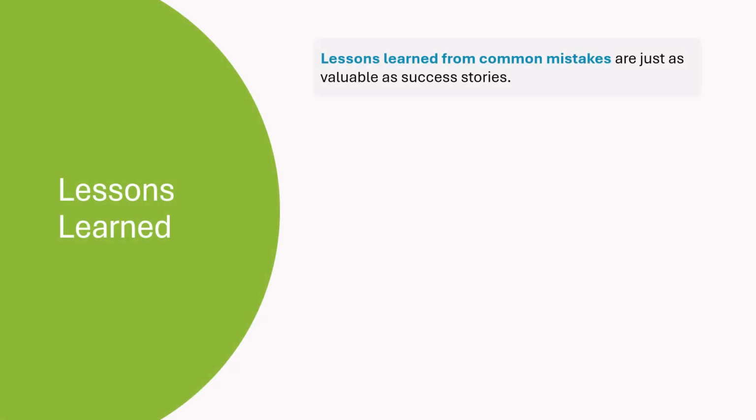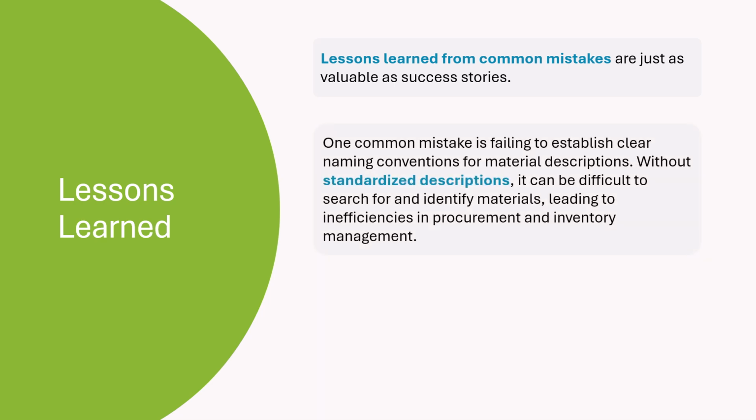Lessons learned from common mistakes are just as valuable as success stories. For instance, one common mistake is failing to establish clear naming conventions for material descriptions. Without standardized descriptions, it can be difficult to search for and identify materials, leading to inefficiencies in procurement and inventory management.